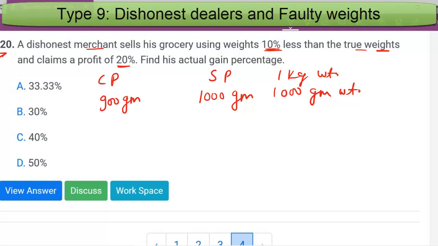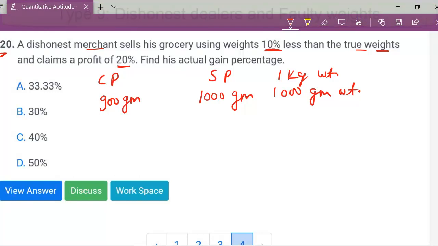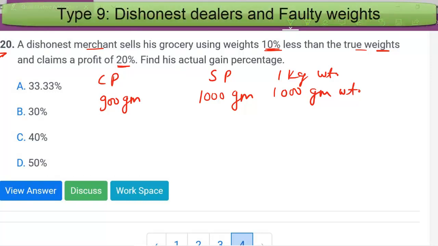So actually he is giving goods of 900 gram. Suppose the price of the good is ₹1 per gram. So in rupee terms, this is 900 rupees, and this is 1000 rupees.